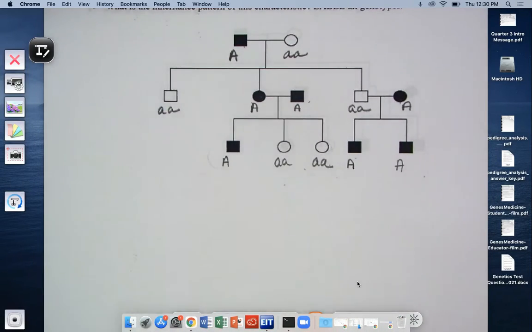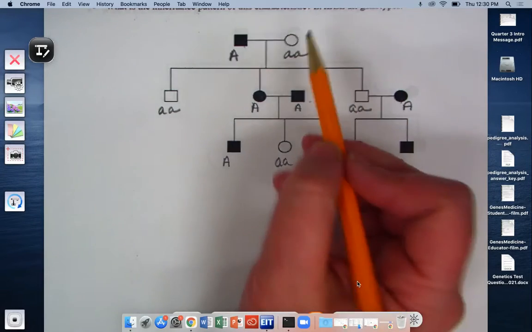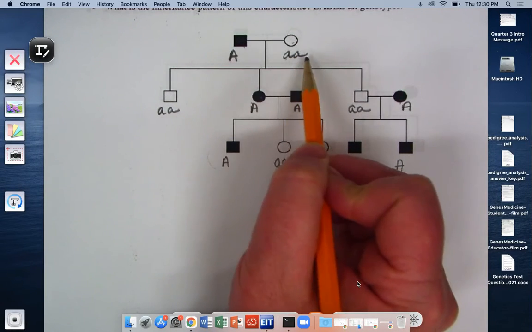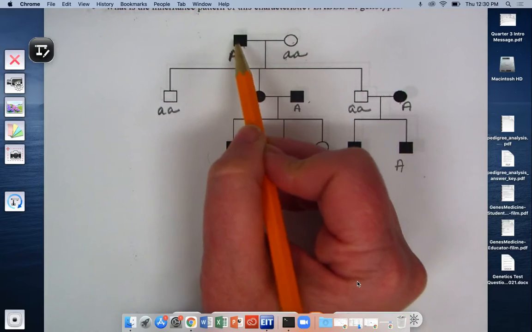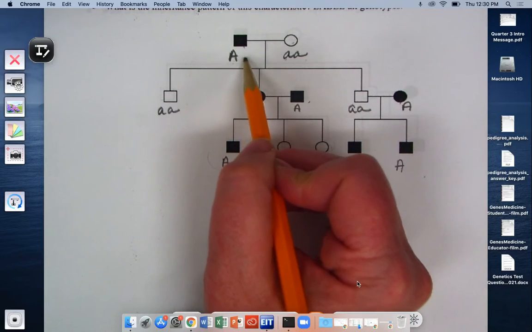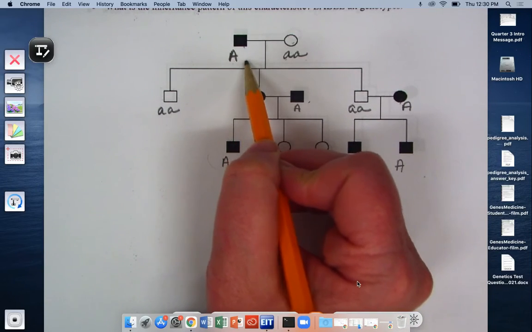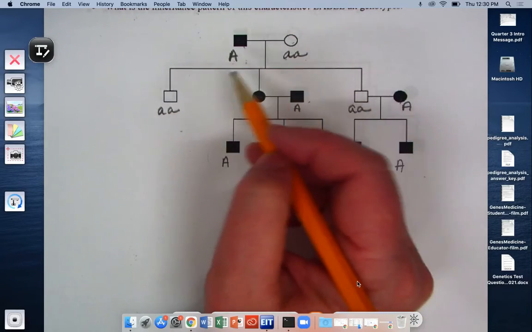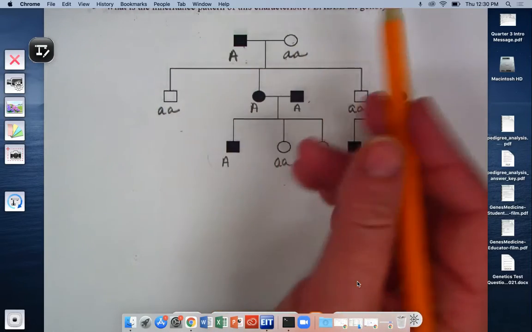This is how I start. Now you have to understand genetics, which I hope by now you know that this parent is either going to give this little a or this little a. This parent is going to give this a or something else, whatever they have, to their child. So a lot of times I work backwards.